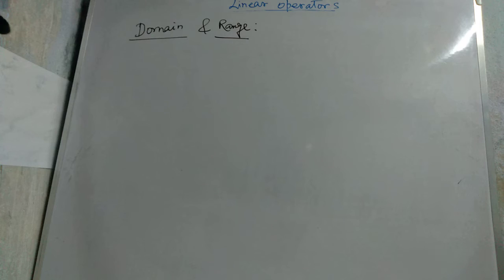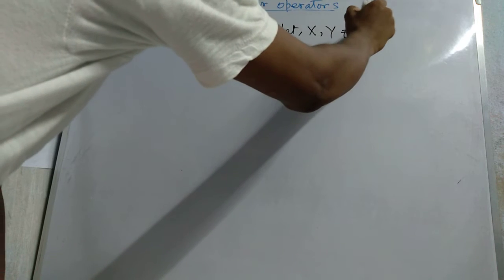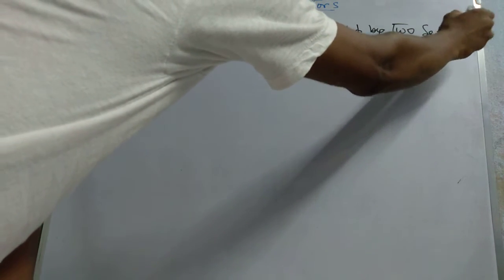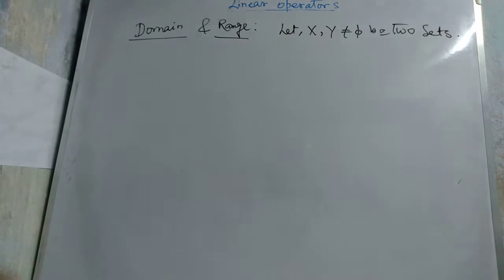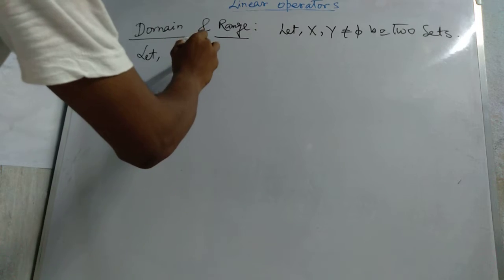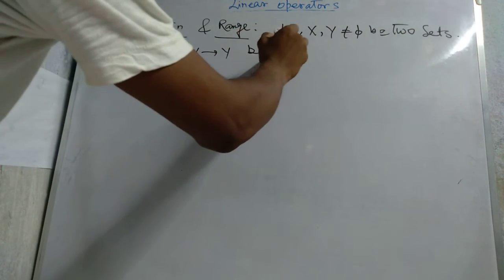Let X and Y be two non-empty sets, and let T from X to Y be a mapping.